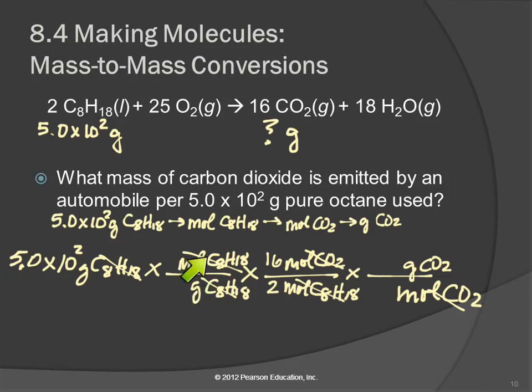Now, this first term and the last term are molar masses. Okay, so we're going to use the periodic table, and we're going to use the formula that was provided here, and we're going to calculate that. And I would encourage you to actually write this out just off on the side somewhere. So C8 means 8 times the mass of carbon, and 18 times the mass of hydrogen. That gives 114.224.